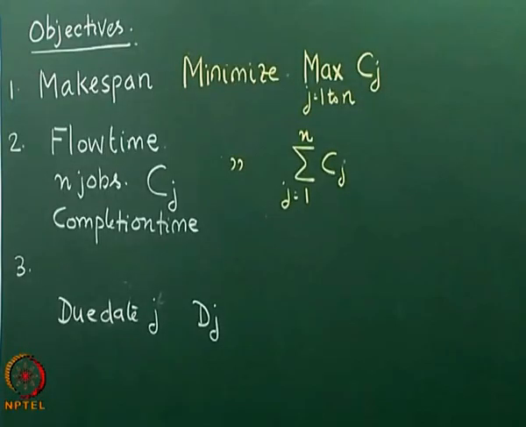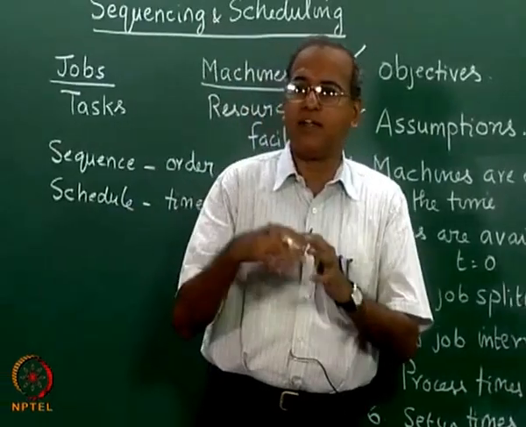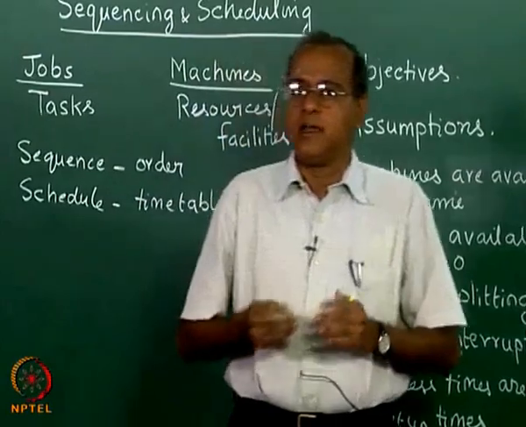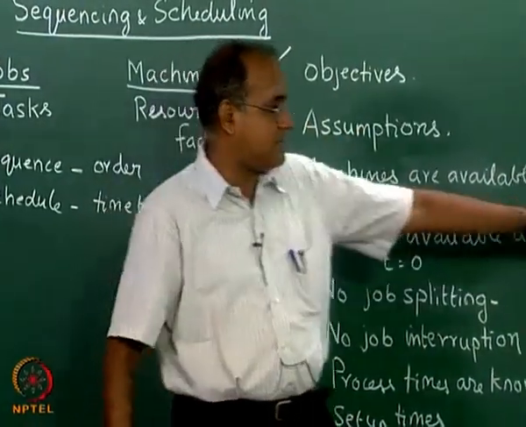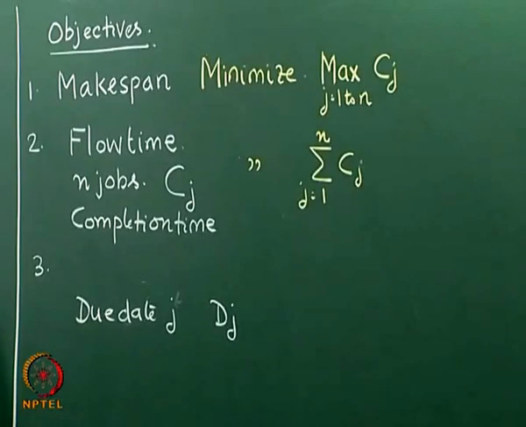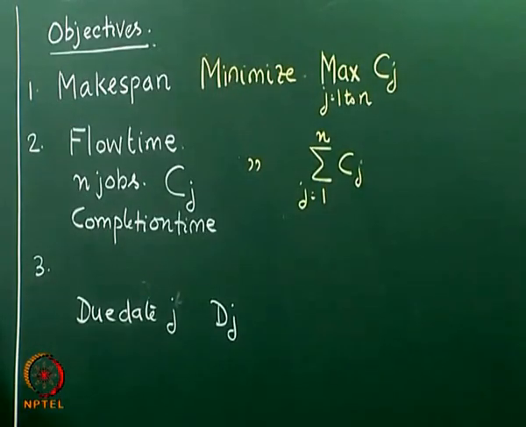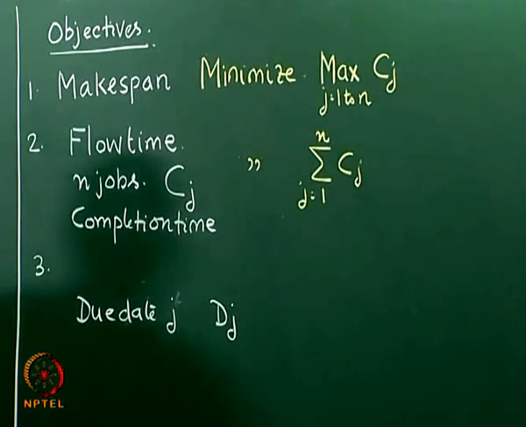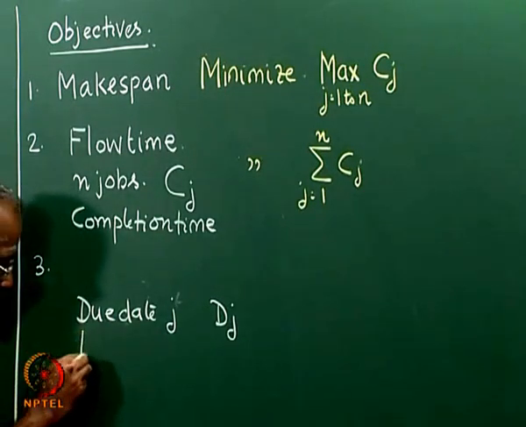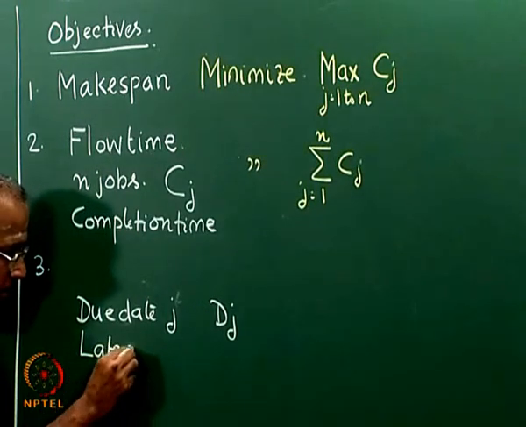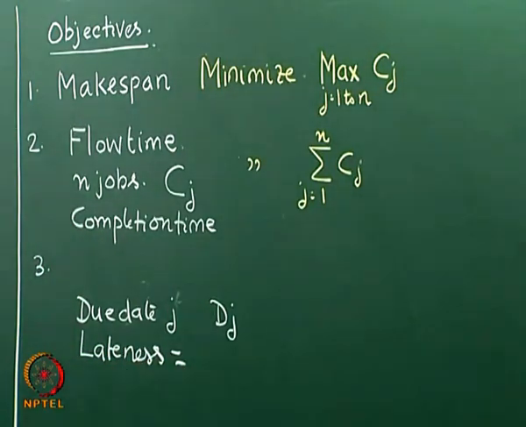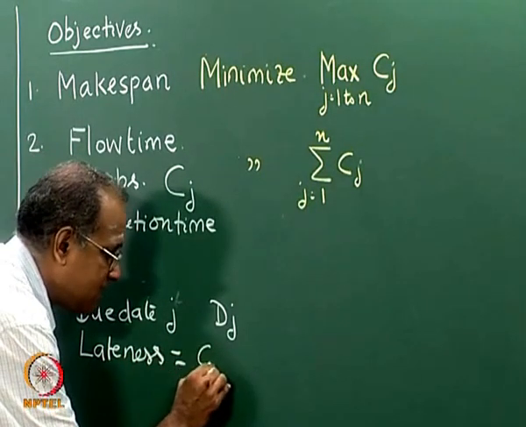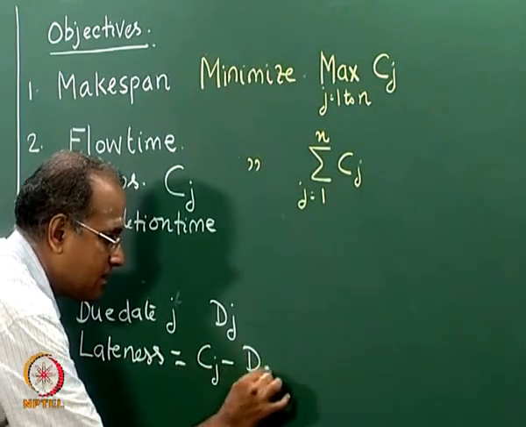Delay can be defined as follows: if the completion time Cj exceeds the due date Dj, then there is a delay. We define a very generic term called lateness, which is how late the job is. Lateness is defined as Cj minus Dj.